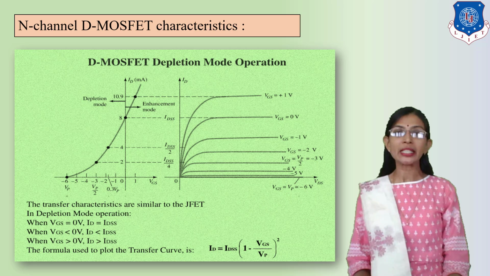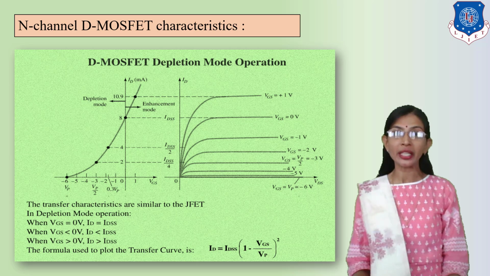The transfer curve, the input characteristic, is VGS versus ID, and the output curve, the drain curve, is ID versus VDS. Initially, when VGS equals 0, we will have the maximum current.